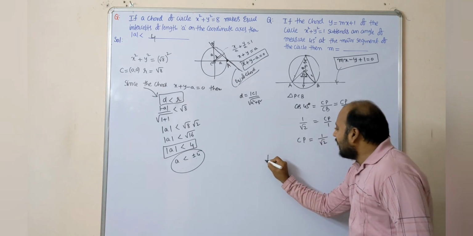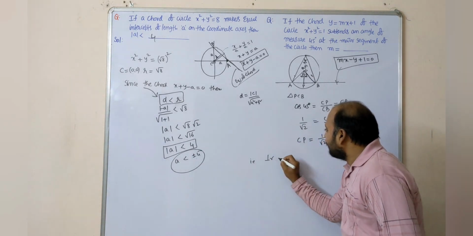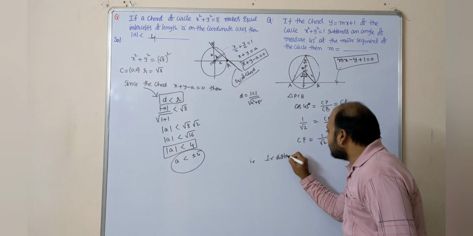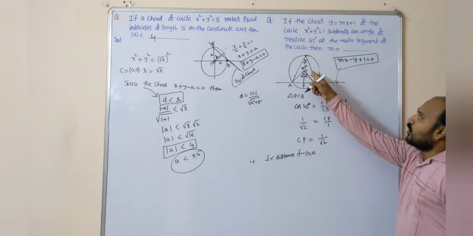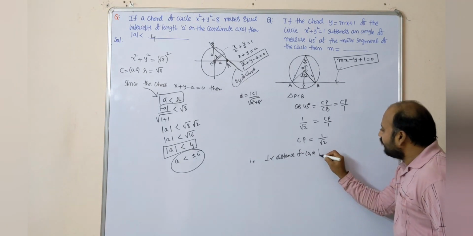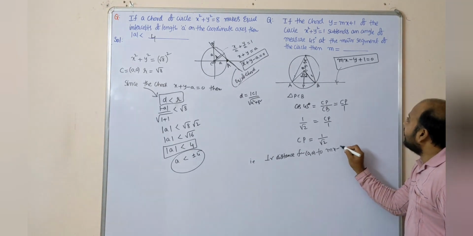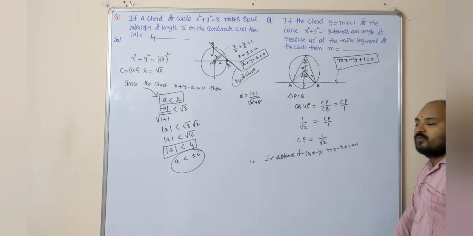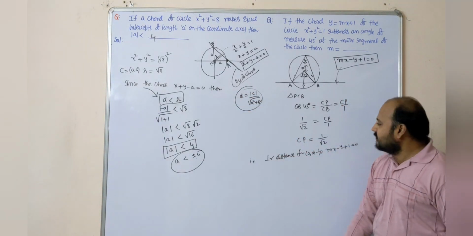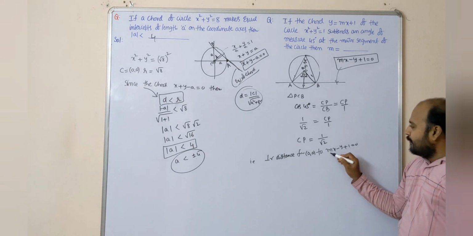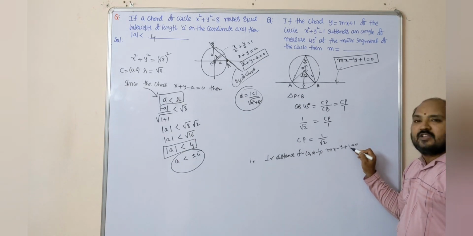CP, the perpendicular distance, is the distance from the center of the circle 0, 0 to mx minus y plus 1 equal to 0. So for perpendicular distance, this formula can apply again, students. A value is m, b value is minus 1, c value is 1.